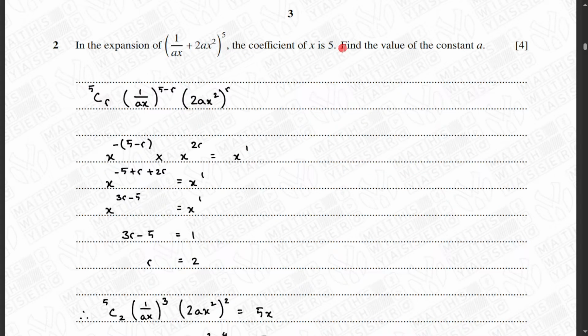because the question says the coefficient of x is 5. So we are looking for the value of r for which we will get the coefficient of x, and coefficient of x basically means x having the power of 1, and that will have 5 as the coefficient.